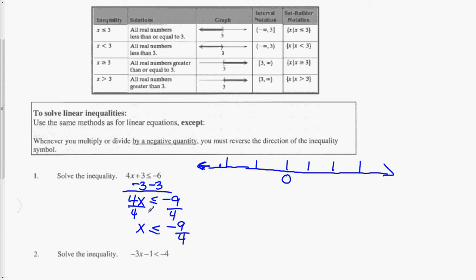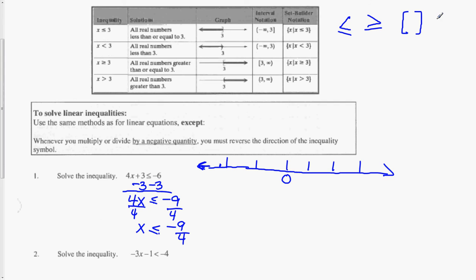Some things you need to know: if you have less than or equal to, or greater than or equal to, you're going to mark your endpoint with a bracket. It depends on what direction you're going in, whether you do a left bracket or a right bracket, but you will have a bracket if you have an equal to in your inequality.